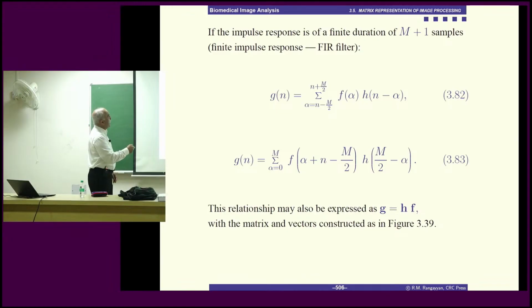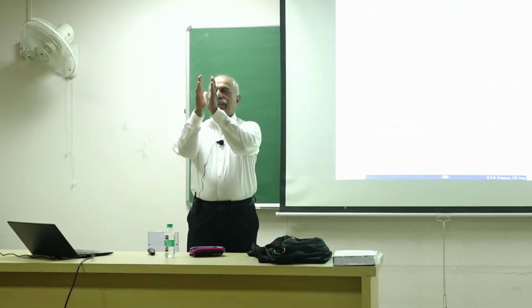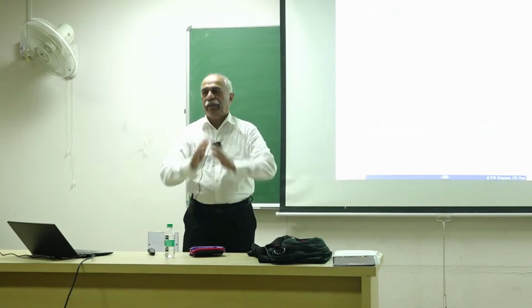Then you write the index as alpha from n minus m over 2 to n plus m over 2, f alpha h n minus alpha. It's the same convolution, but now the index doesn't run 0 to n, but it's a moving window operation. The signal is long, you're computing the output here, and the window is centered there. The impulse response is centered there.